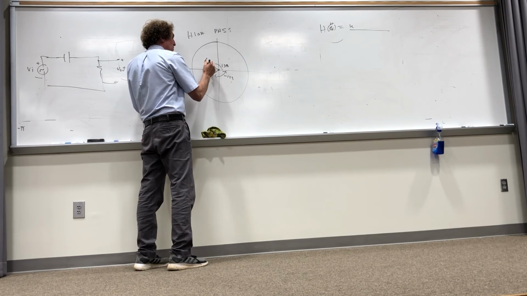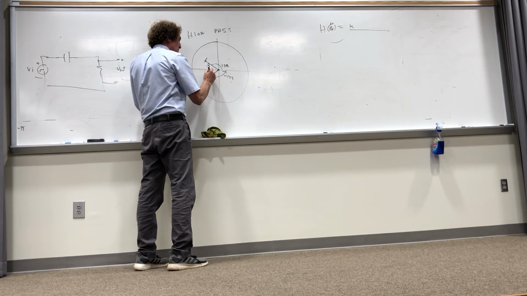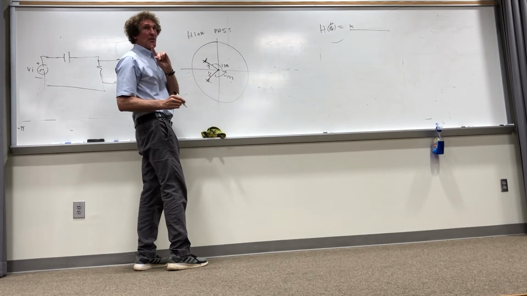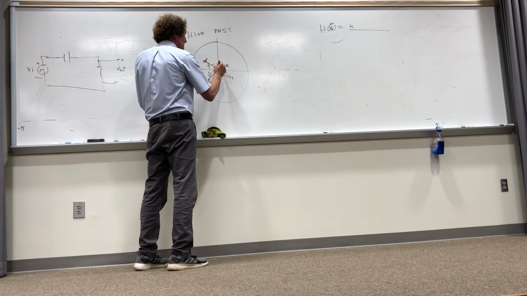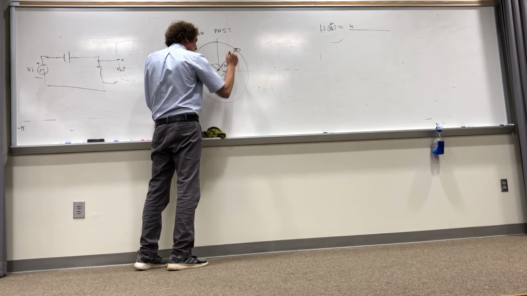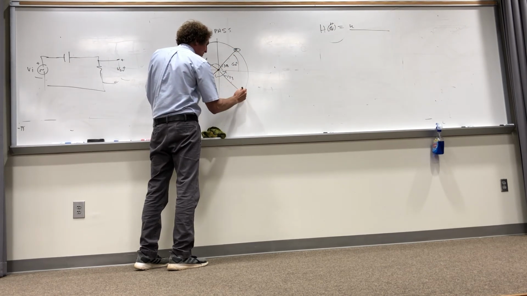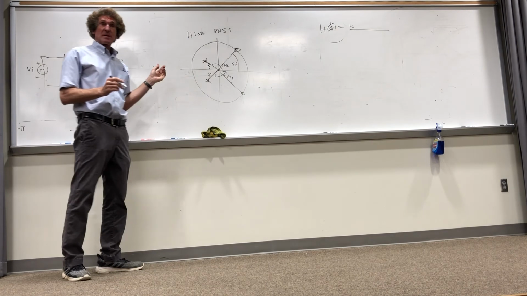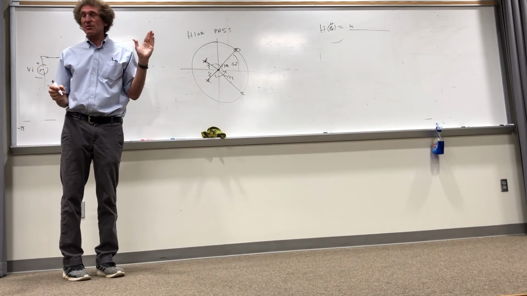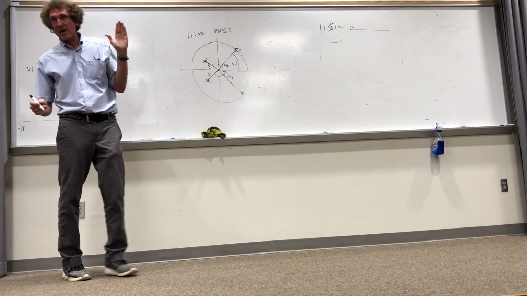So the length of this one is 1/2, and the length of this one is 1/2. And these are the poles, shown with x's. Now I'm going to put the zeros at 60 degrees. So this is 60 degrees, and this is a zero. The way you always show a zero is with a circle, and then at minus 60. That flipped exactly what was happening before. Does everybody see that? Where the poles were, I put the zeros. Where the zeros were, I put the poles, in terms of angle.